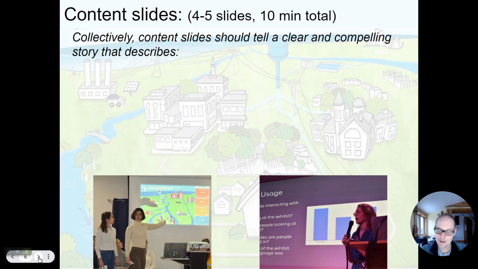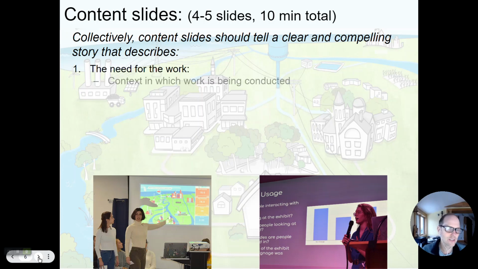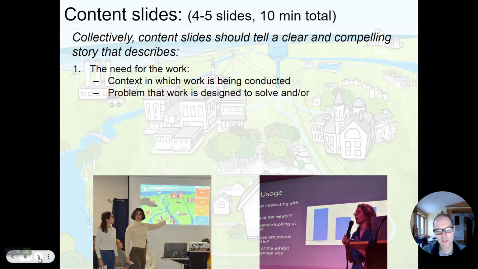Content slides. After your title slide, you're going to have a series of content slides. The particular content slides are going to vary depending on what stage of the project you're at. But collectively, these are going to tell a clear and compelling story that describes the need for the work, the context in which the work is being conducted, the problem that the work is designed to solve, or the gap in knowledge.